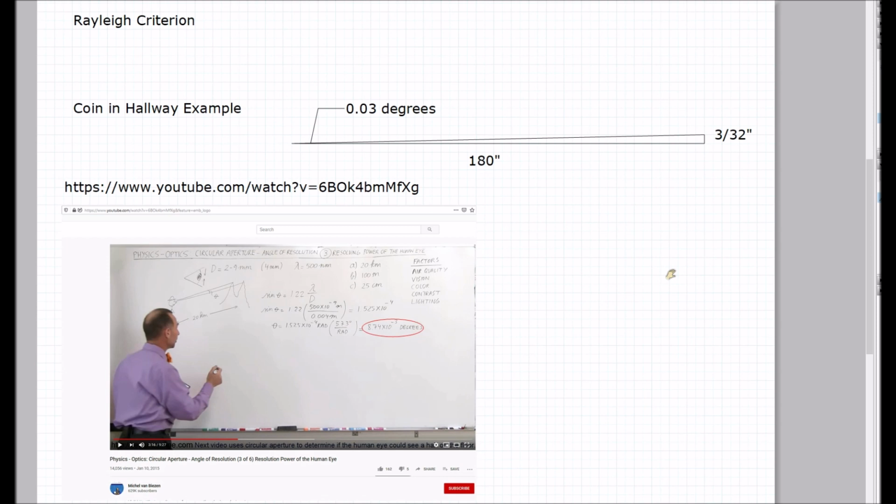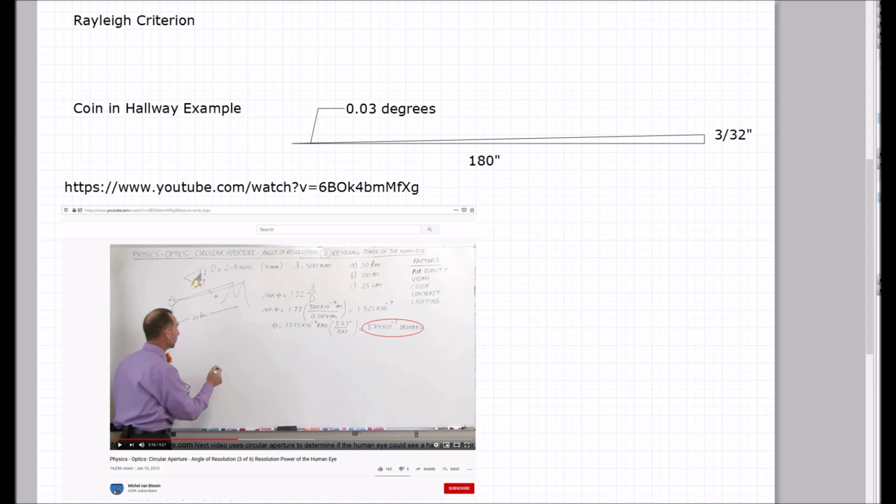So Rayleigh criterion, coin in the hallway example: the angular size of the edge of that coin from 15 feet down the hallway is 0.03 degrees. That was done with just a simple triangle calculator online. You can check that if you want. There's a nice video on YouTube that explains the Rayleigh criterion in detail with respect to the eye, because the actual number from the Rayleigh criterion changes depending on whether it's an eye or a camera lens or telescope.